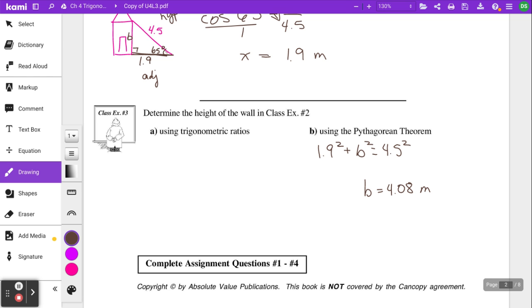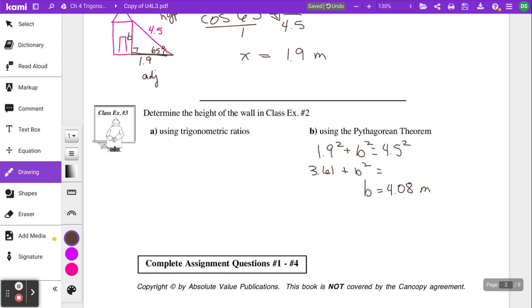Anybody else have a different answer? So we're squaring our 1.9, 19 squared, 361. .5 squared, I don't know what to do.